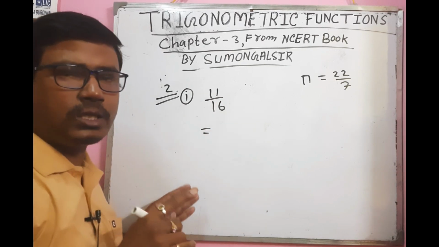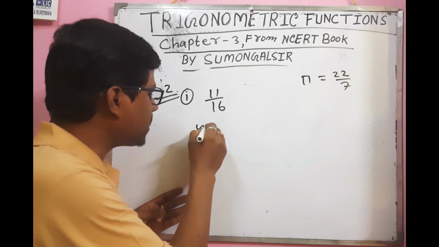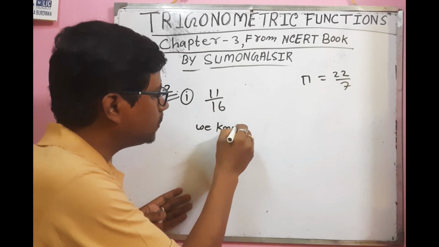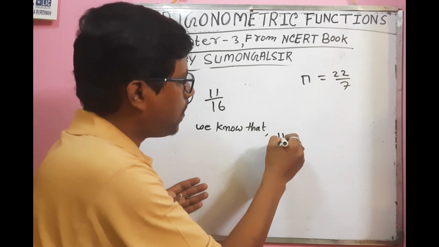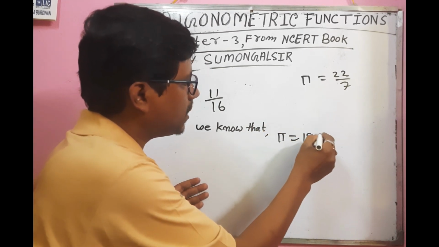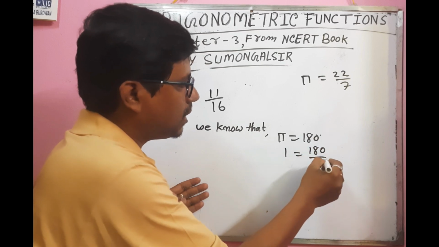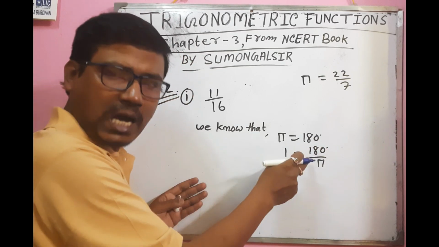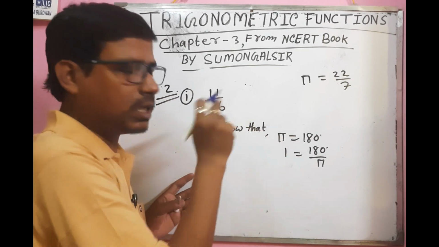Convert it into degrees, minutes and seconds. We know that pi is equal to 180 degrees, then 1 radian is equal to 180 by pi. This is the unit. You can directly multiply with this to convert from radians to degrees.